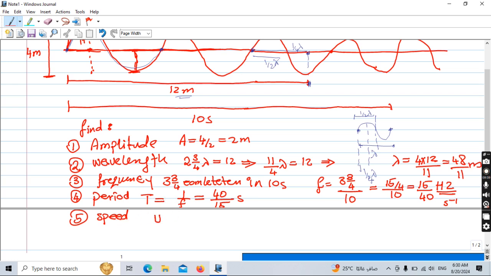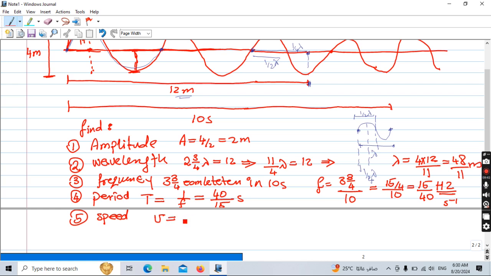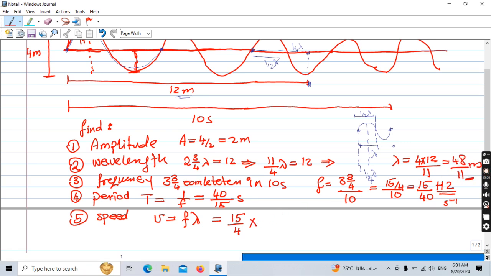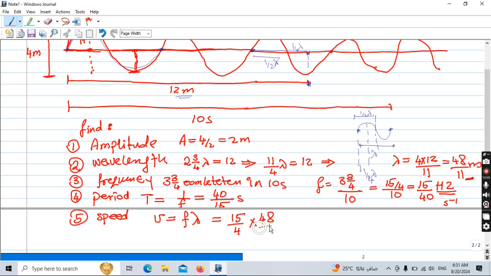Then you can work out the speed, and you use the wave equation, which tells you that v is equal to the frequency times wavelength. You have the frequency, which is 15/40 hertz in SI units, or second minus 1, multiplied by wavelength, which is 48 divided by 11, and then you just need to simplify this by 4, 1 by 4, 12, and multiply it out.